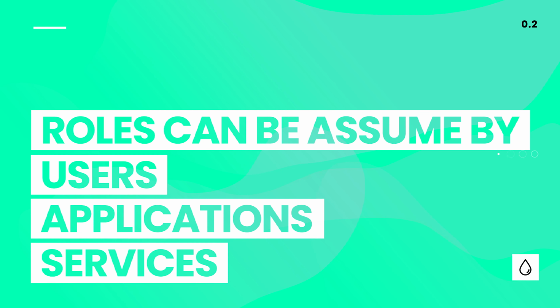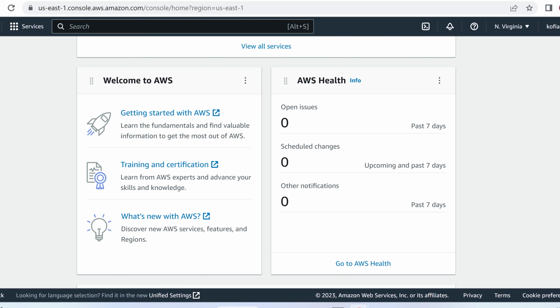Another key point is that roles are temporary. It doesn't have standard long-term credentials such as a password or access keys. Instead, when you assume a role, it provides you with temporary security credentials for your role session. So in essence, a role can be assumed by users, applications, or services that do not normally have access to an AWS resource.